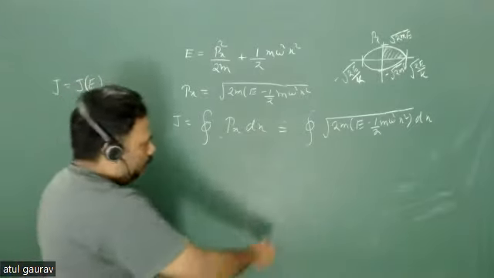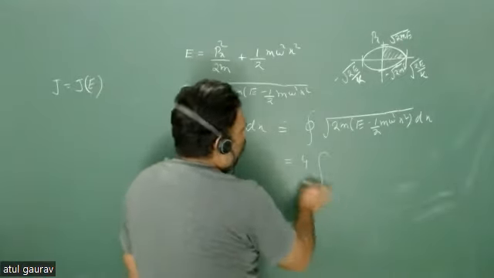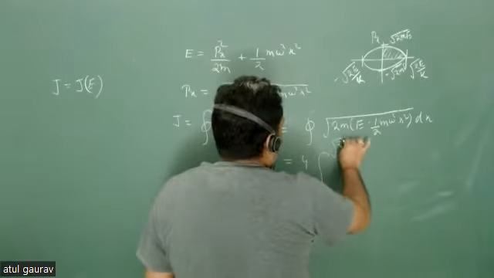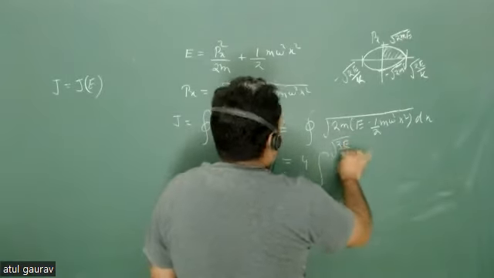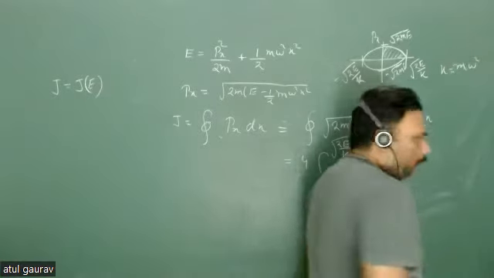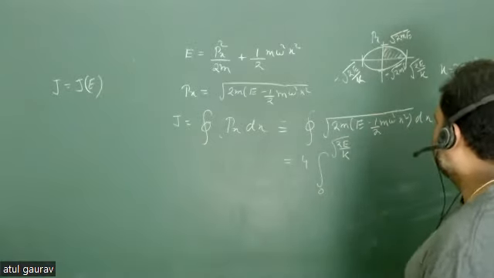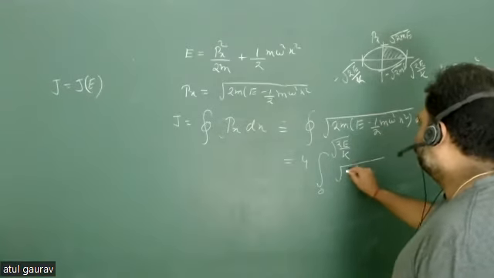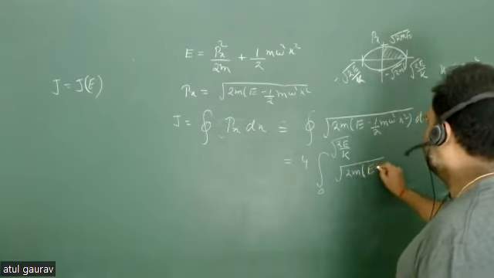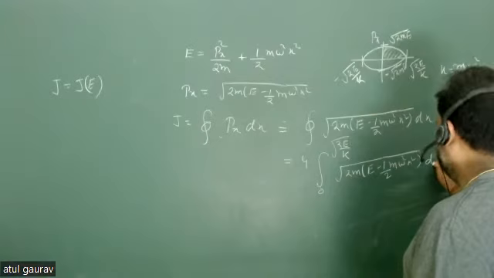So can I write this whole thing is 4 times integral from 0 to root under 2E upon k, and k is nothing but m omega square. This is my value of k. So don't worry about this. So 2E upon k, and just put k is equal to m omega square, and we have root under 2m E minus half m omega square x square dx.